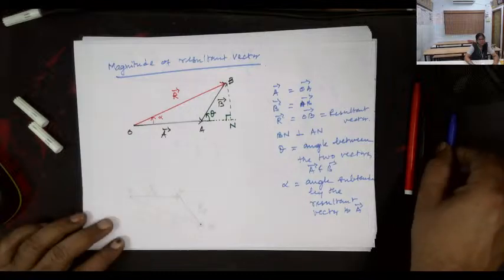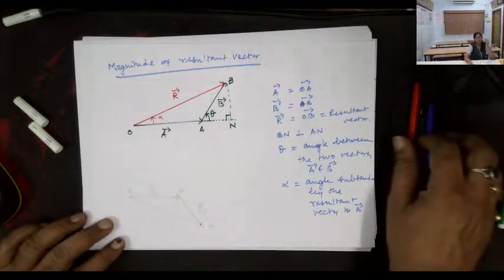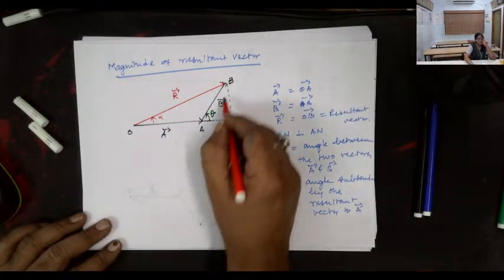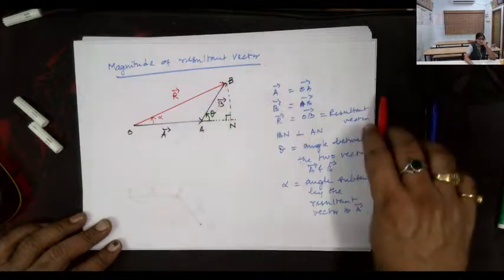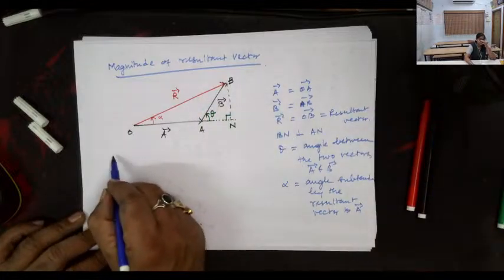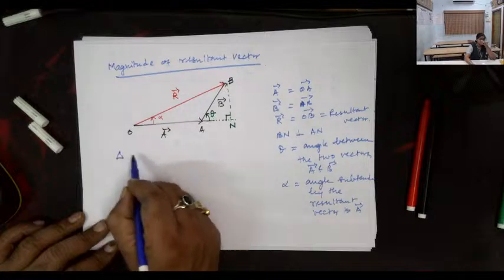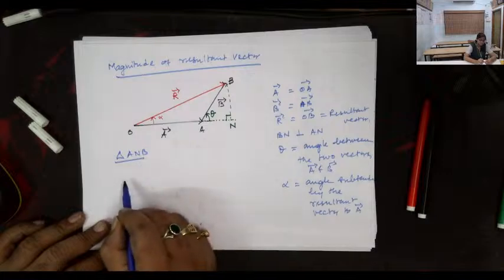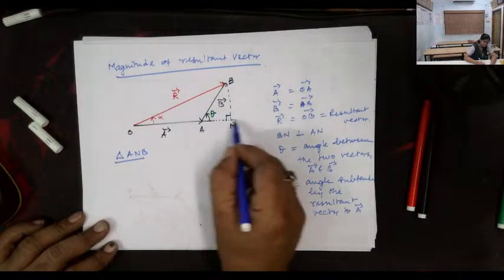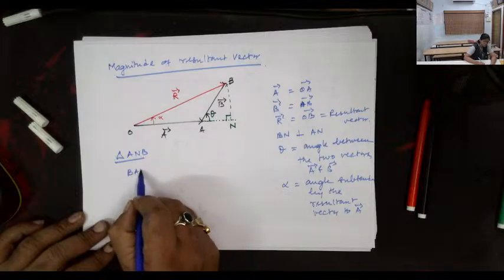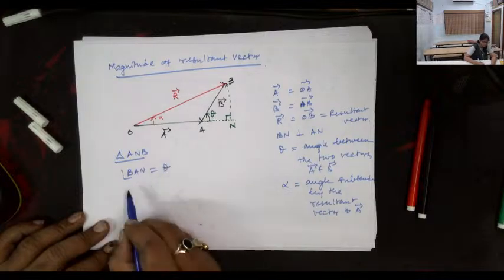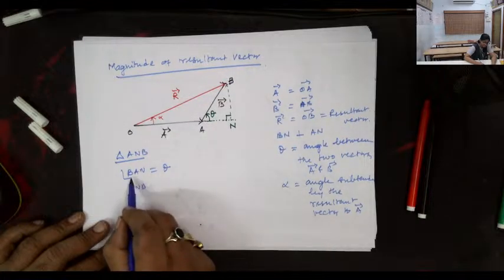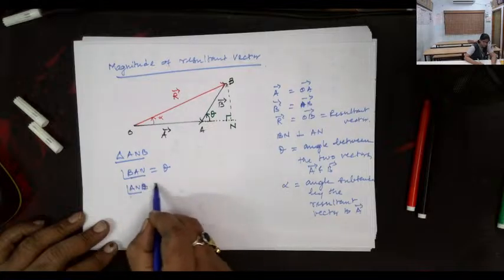Now let us consider this triangle ANB, right triangle ANB, okay, where angle BAN is theta, angle ANB is 90 degrees.